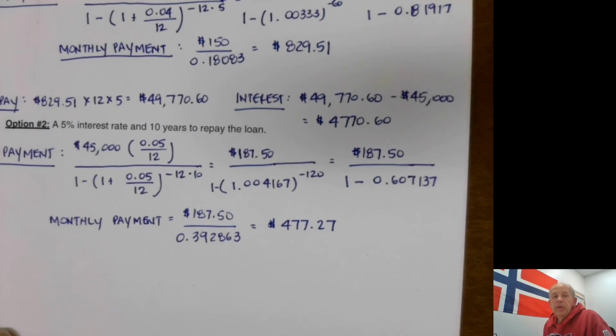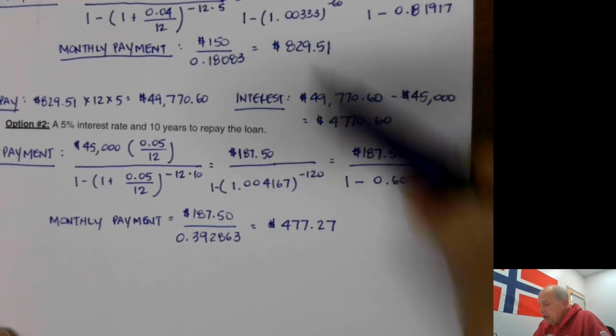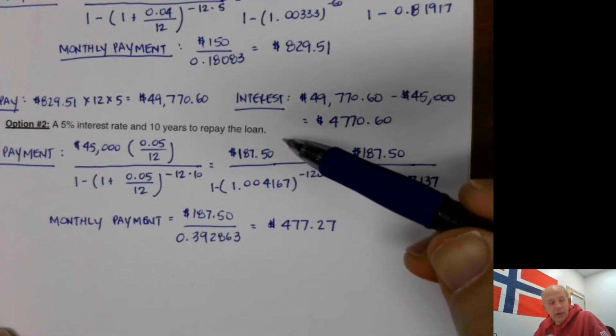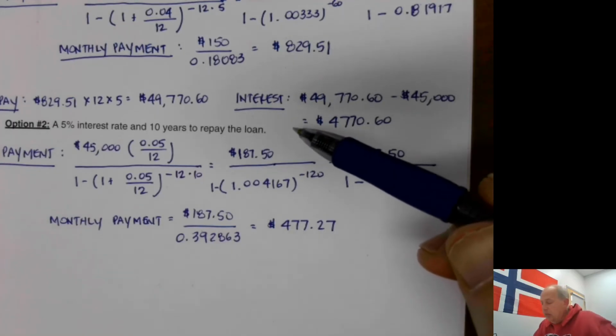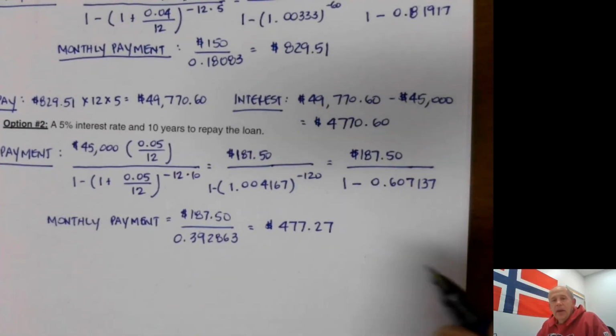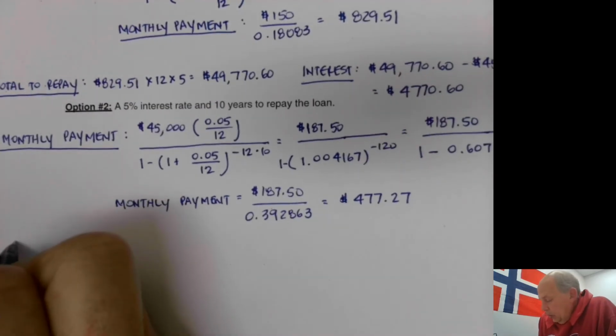So there's my monthly payment under those conditions. And notice that it's much less than the 5-year plan because we're spreading out the length of the loan. I don't have to pay that much because I have 10 years to pay it back every month. My monthly payment decreases.